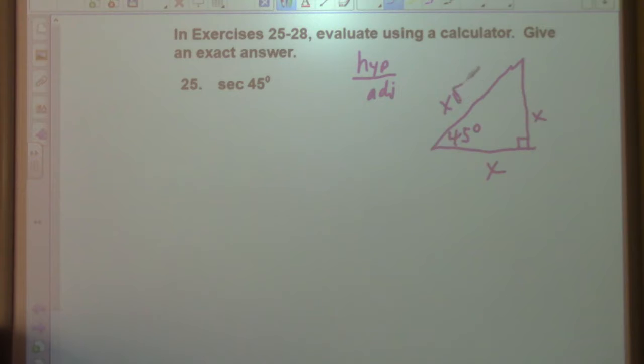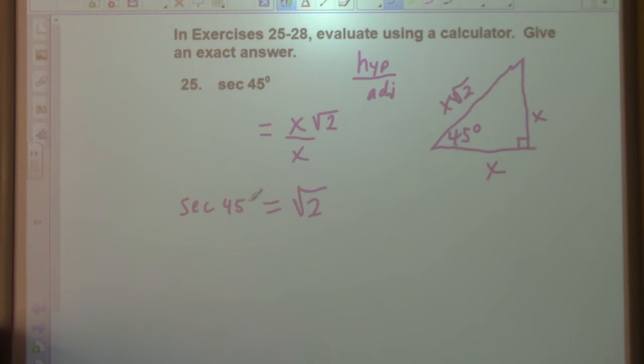Does that make sense? Yes. So secant of that is the hypotenuse, x square root of 2 over x, which simplifies to square root of 2. And so that's our secant of 45 degrees.